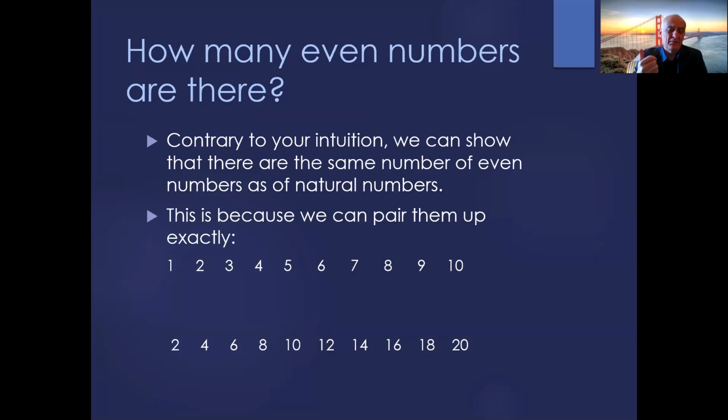But if we try to establish a one-to-one correspondence, for example, number 1 to 2, 2 to 4, and so on, it will be obvious that we can establish a one-to-one correspondence, and it means that the cardinalities of these two sets are the same. So we cannot say that we have more natural numbers than even numbers.